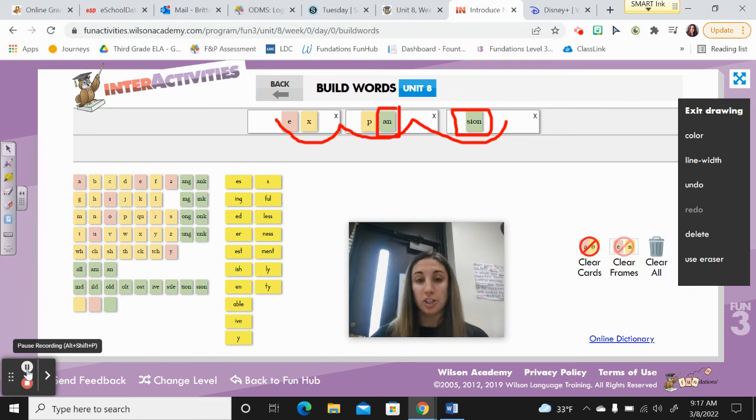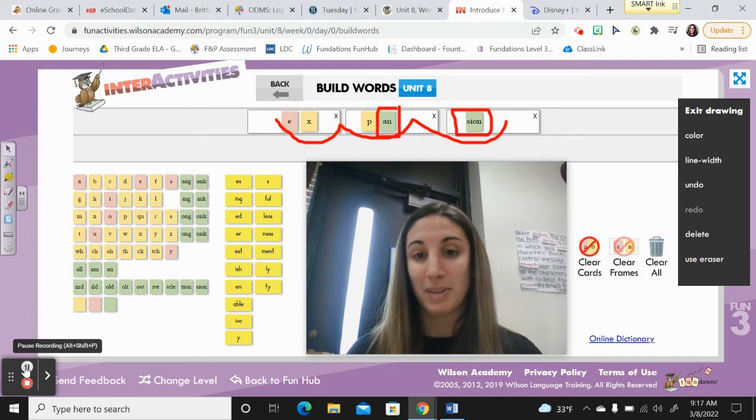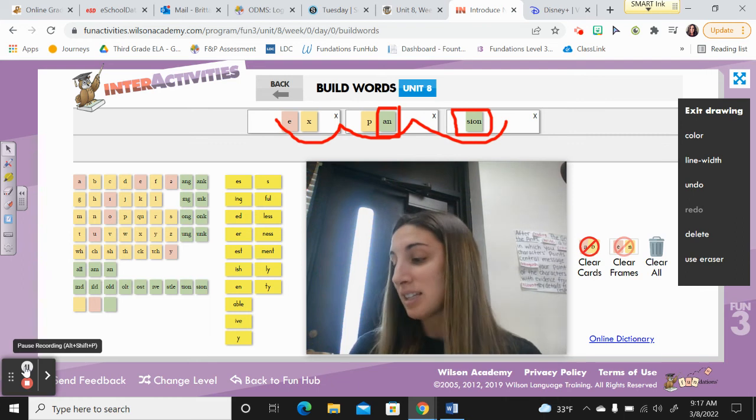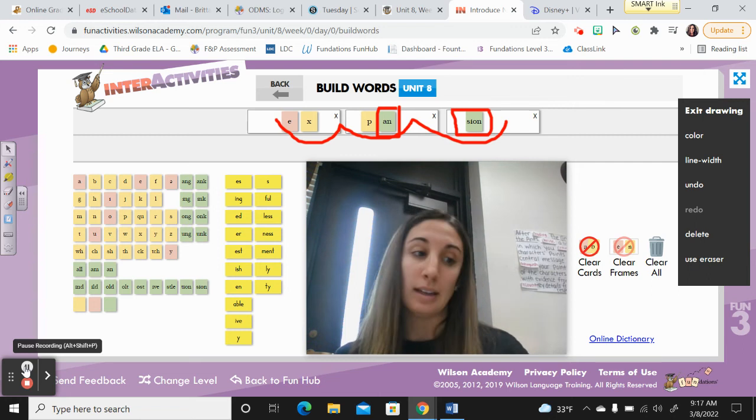The expansion of the United States took many years. One more time. The expansion of the United States took many years.